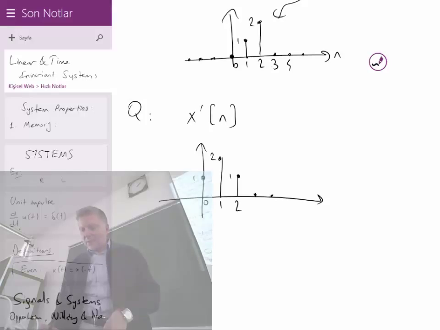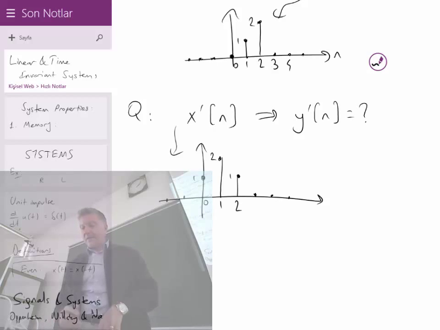All the other values are zeros. X prime of n is given like this. So the question is, what is y prime of n? Without repeating the experiment, without doing any further black box experiment, can you find the output?